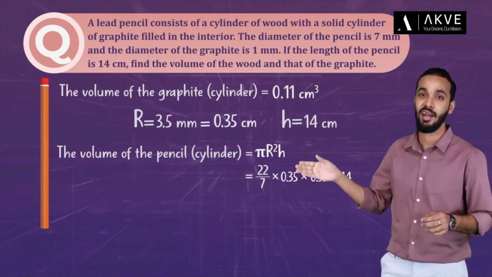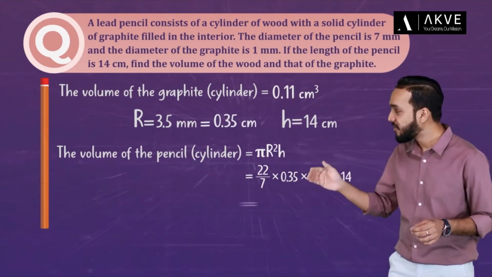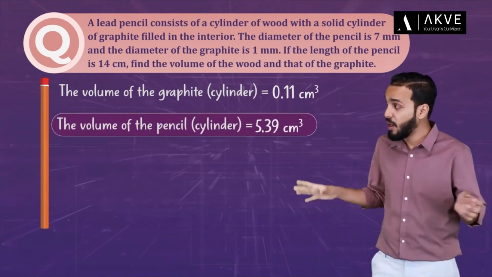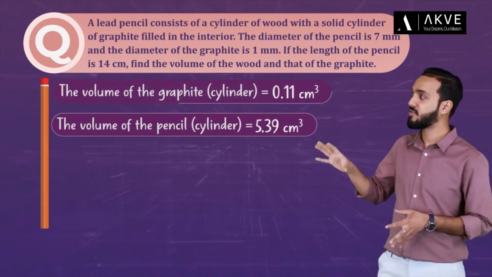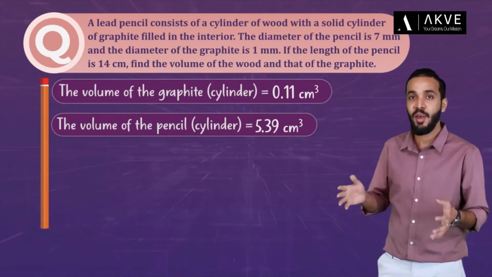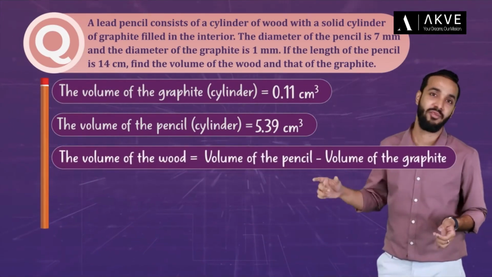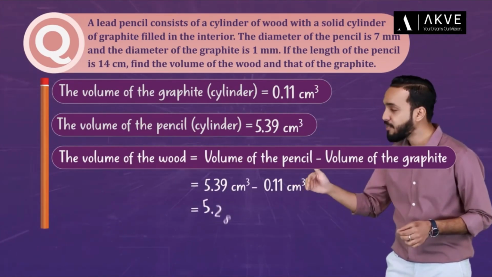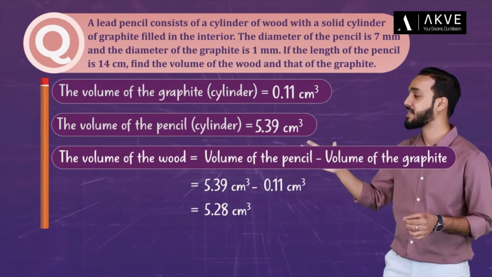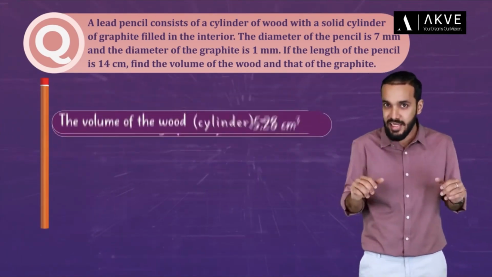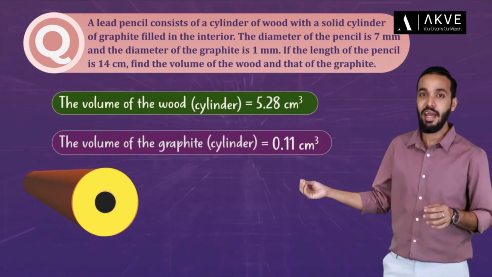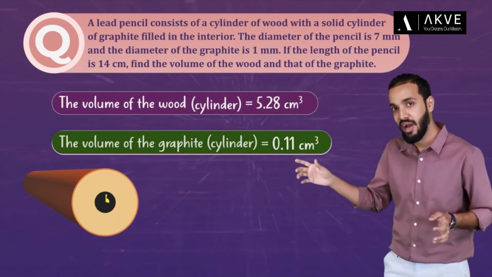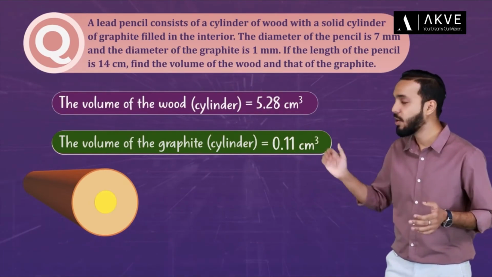On simplification, this results in 5.39 cubic centimeters. So, now that the volume of the pencil and that of the graphite are known, we just subtract the latter from the former to get the volume of the wood, which turns out to be 5.28 cubic centimeters. So, summarizing, the volume of the wood is 5.28 cubic centimeters and the volume of the graphite inside is 0.11 cubic centimeters.